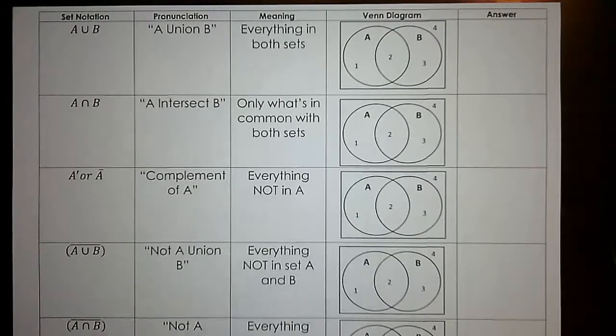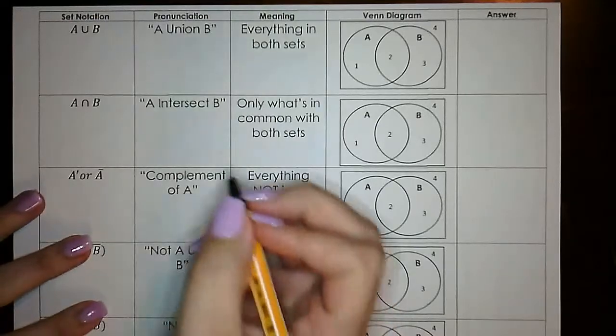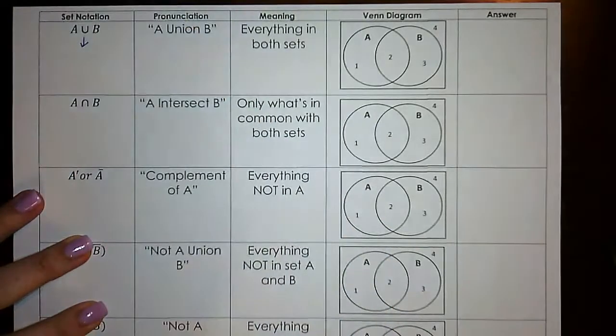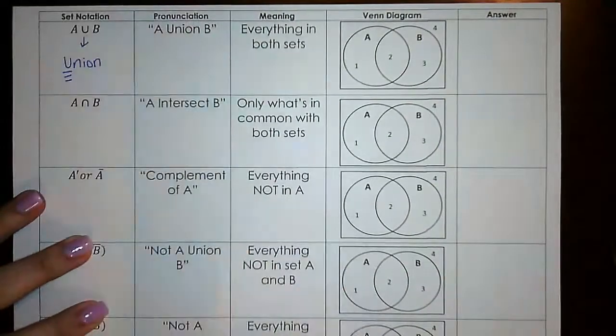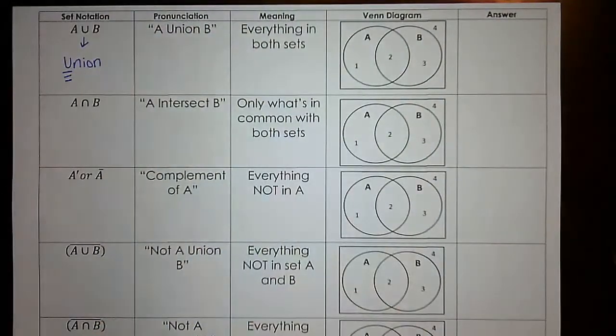All right, first thing we're going to talk about is union. Say if you're thinking about a marriage of two people, it's a union of the two people. So union looks like a U. U for union. And it's everything in both sets. So if two people get married, they bring all their stuff together.